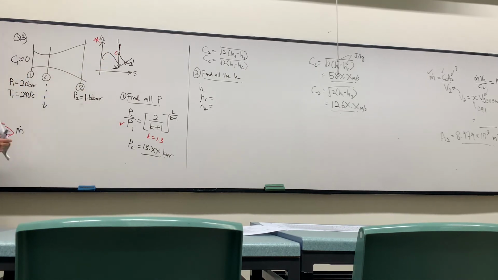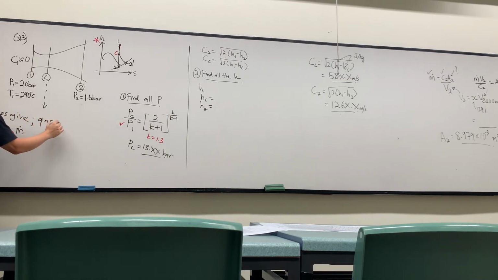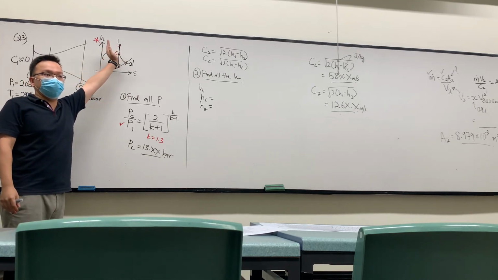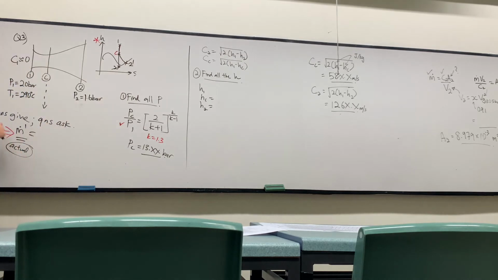Follow up. This means that when you look at the mass flow here, what's the mass flow given here? 14. Question? Always ask for actual. Right now, you notice you got one ideal, one actual, right? Ideal is your isentropic one, actual is your real one. Question ask for something, question give something, you're always asking for actual.